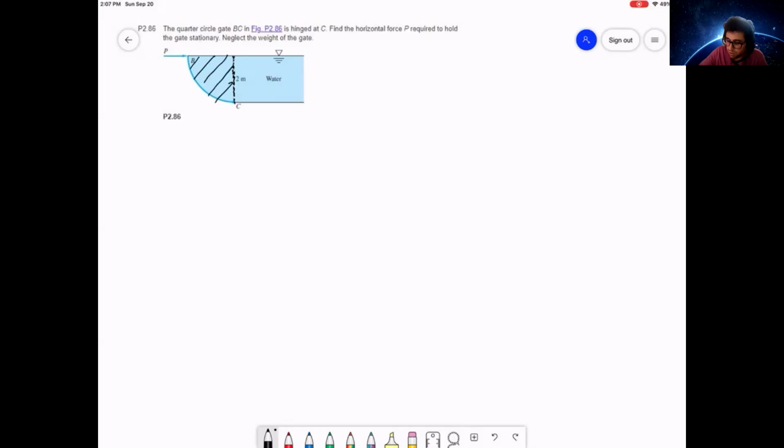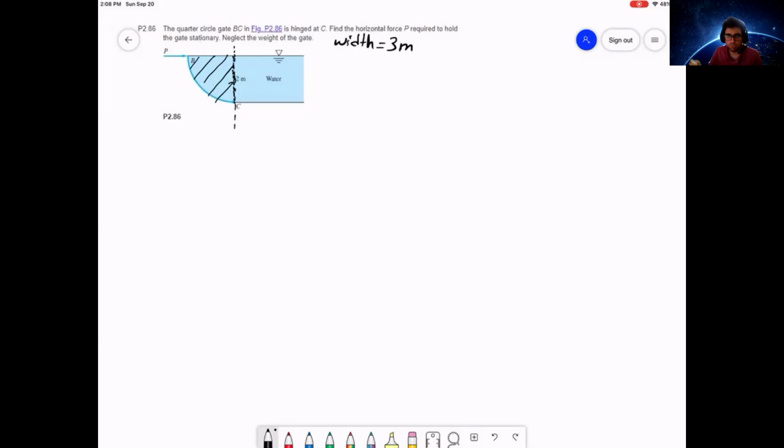What you're seeing here, the dashed line, is just a flat surface. So you can easily calculate the hydrostatic pressure. You know the height is 2 meters. I think in this problem they don't give you the width. I think they forgot. The width is 3 meters into the paper, into the board. So width is equal to 3 meters.